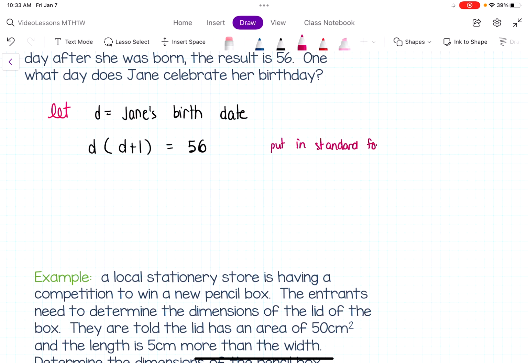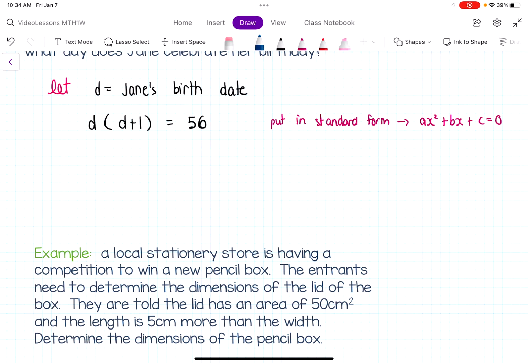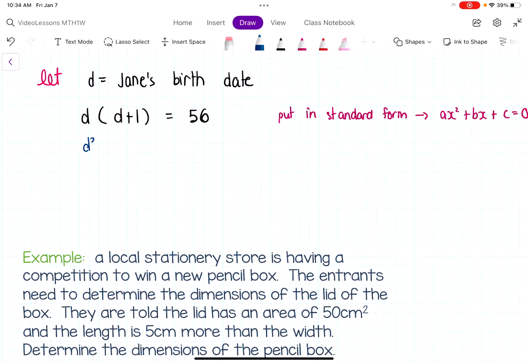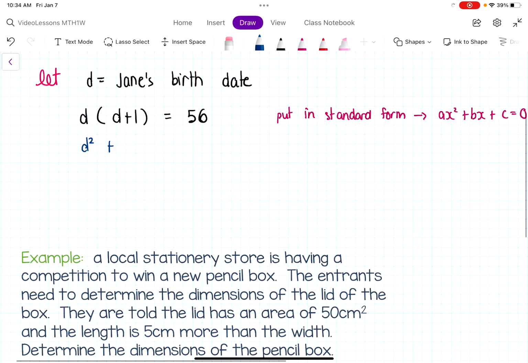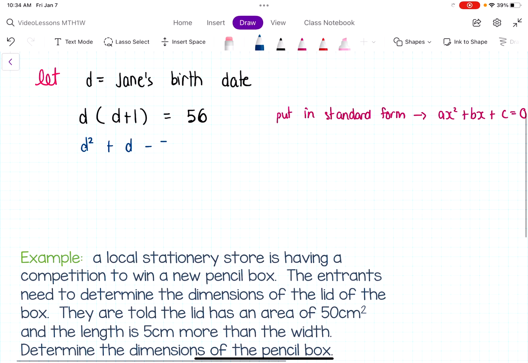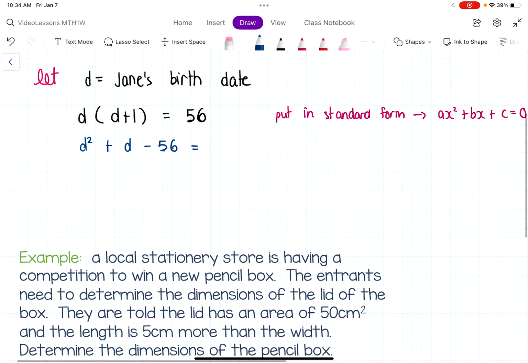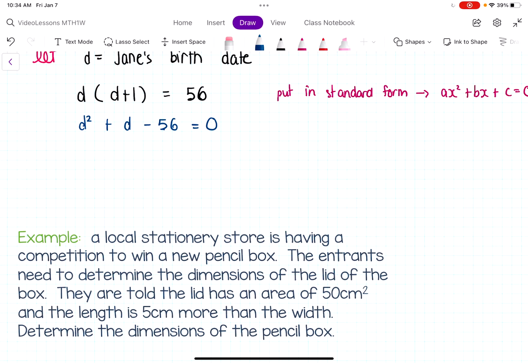And so remember, standard form looks like ax squared plus bx plus c equals 0. So when I do that, we're going to multiply, and I'm also just going to subtract the 56 at the same time. So everything now equals 0. And now we have a quadratic in standard form. So I'm going to factor now.